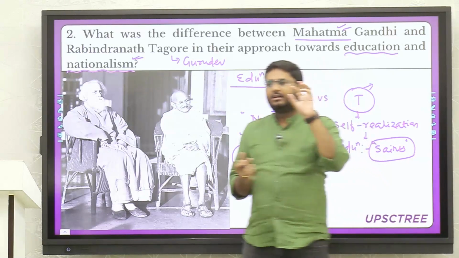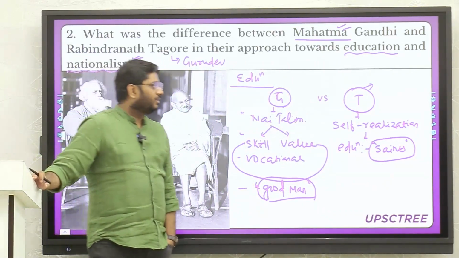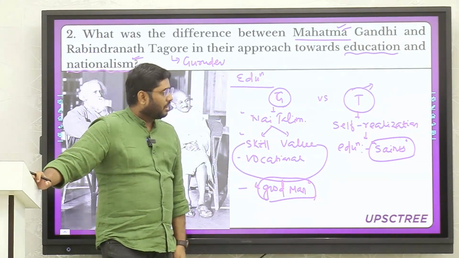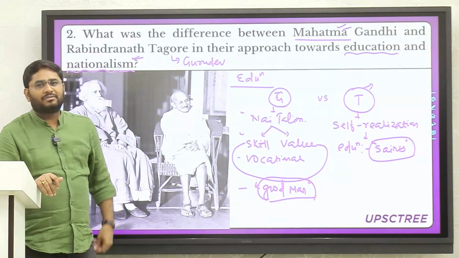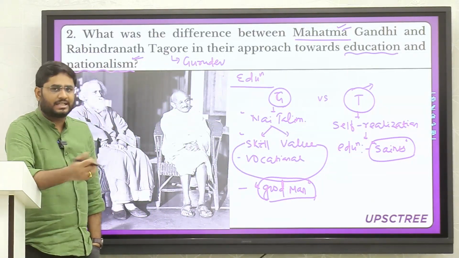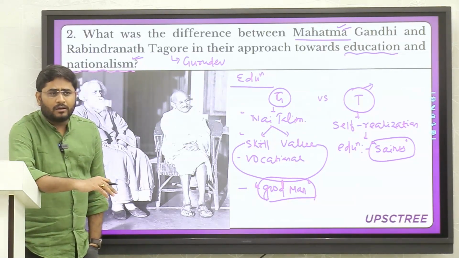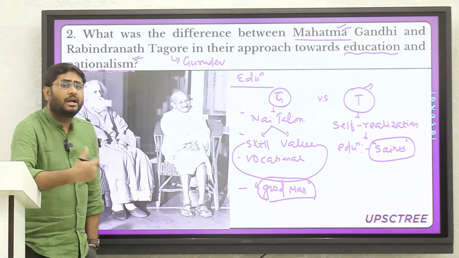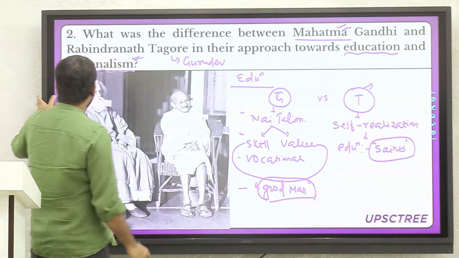So he was against the traditional system, but according to him the objective of education was to build saints, and we cannot make everyone a saint. So Gandhi's approach was more realistic, whereas Tagore's drifted towards too much idealism. That discussion you can do over here.